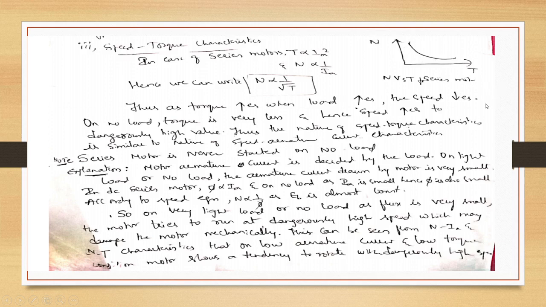On no load, torque is very less and hence speed increases to a dangerously high value. So the nature of speed torque characteristics is similar to the nature of speed armature current characteristics. Whenever torque increases, load increases and the speed decreases.